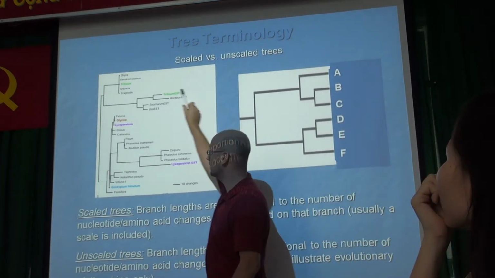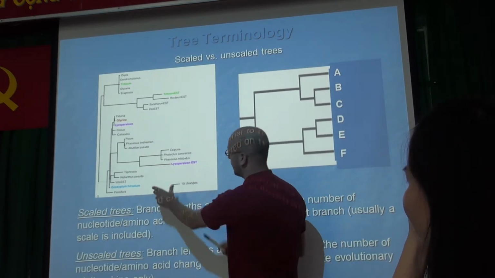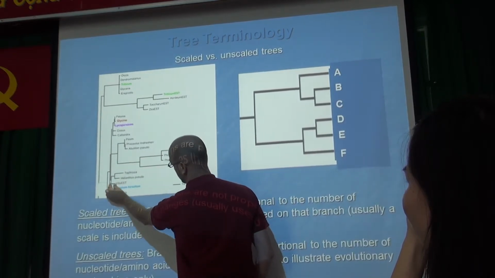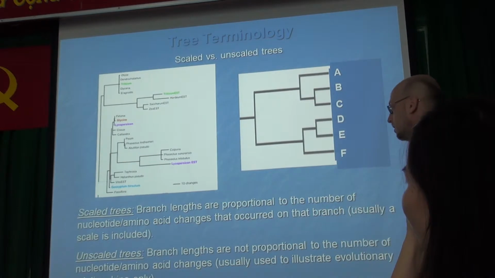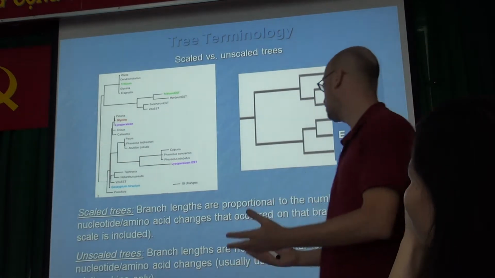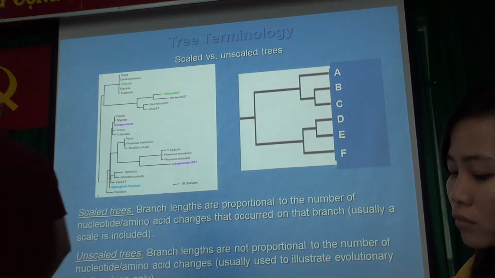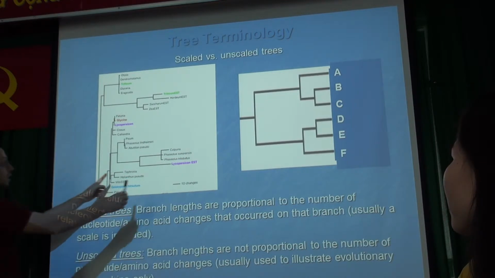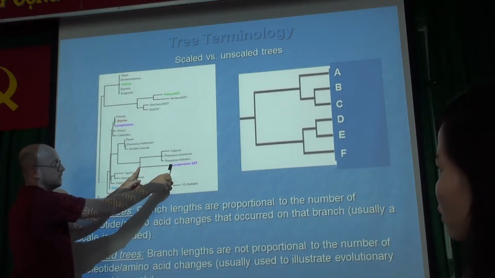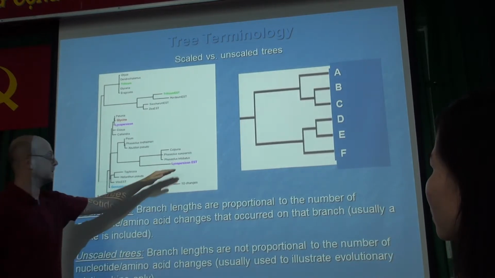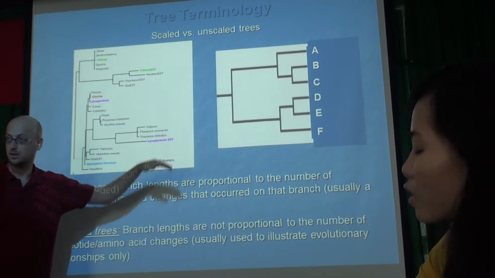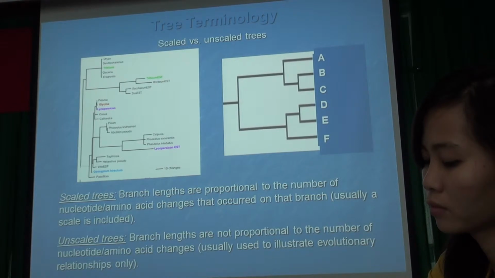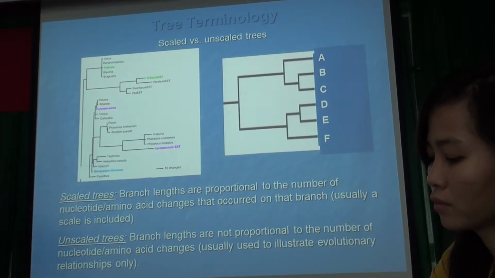In scaled trees, like in here, the length of the branches are proportional to the time or to the number of mutations that occurred in the branch. So, a longer branch means more mutations between the taxa. So a longer branch means that the two taxa are more different from each other. They have more mismatches.